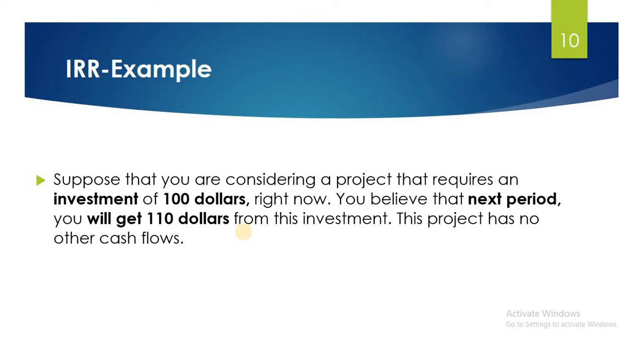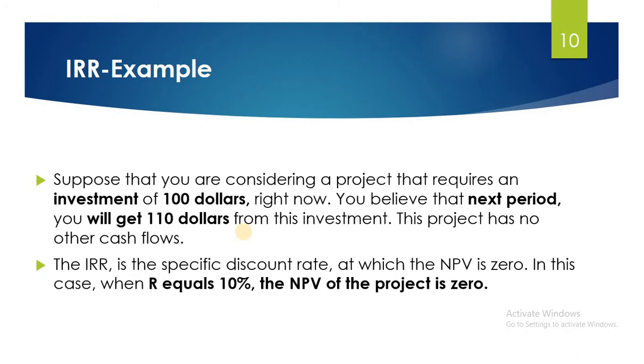So you have to find out the discount rate which will make the NPV of your investment equal to zero. If you use a 10% discount rate for your investment, you'll find that NPV of your project is zero. So in this case, IRR is equal to 10%.